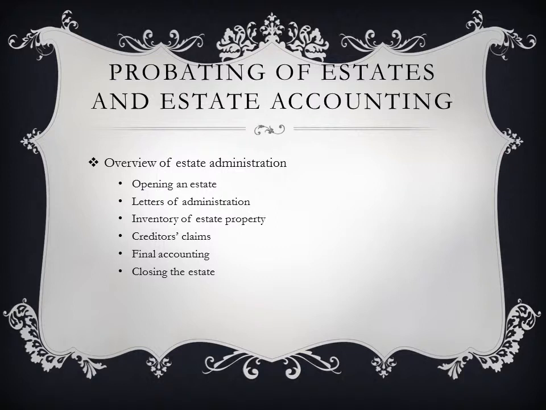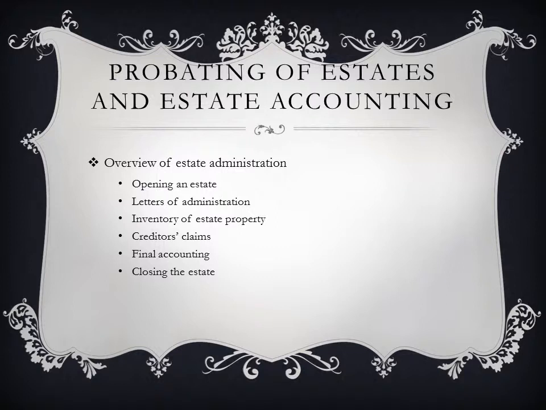We're going to open the estate with a petition for administration. We're going to look at one quick little tax form that has to be done for the personal representative, called an IRS Form SS-4.